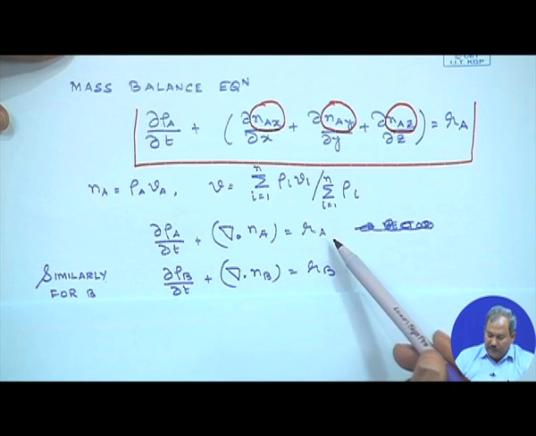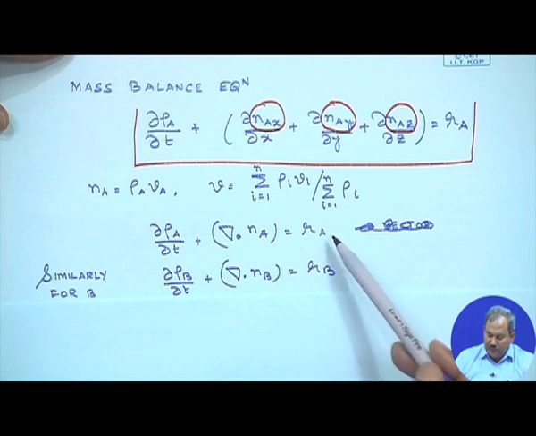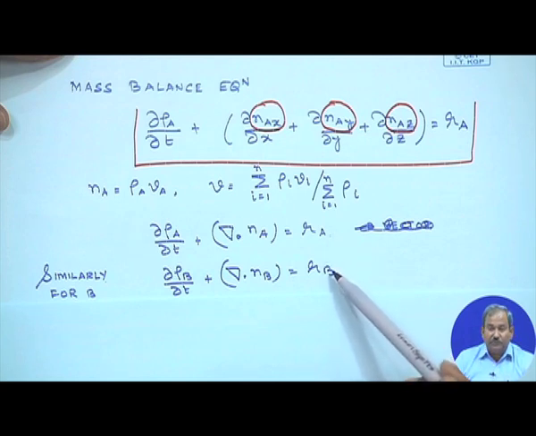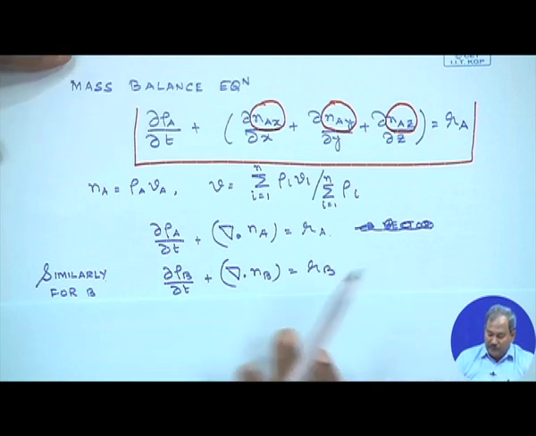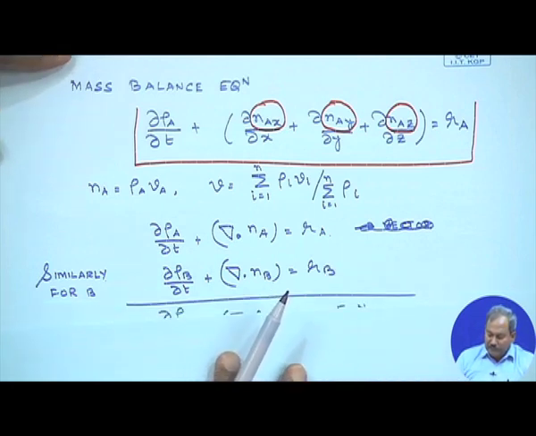Once again, I mentioned that the reaction rates are expressed in terms of mass and not, for this moment, in terms of moles. So, these are the reaction rates in terms of masses.